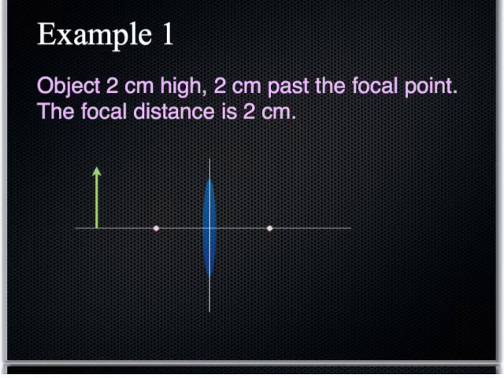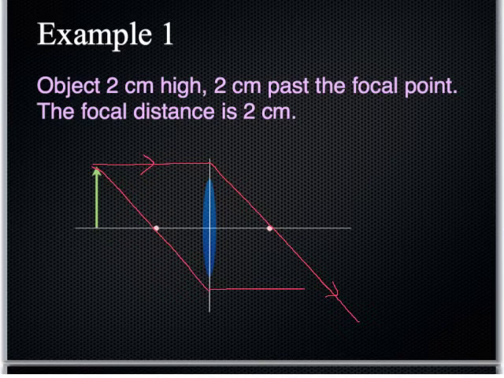The first step is we're going to draw a ray that is parallel to the principal axis. You should do this with a ruler, going this way, and then this is a converging lens, so it's going to go through the focal point. There's also another one that will go through the focal point on this side, and then that will go parallel to the principal axis as it goes through.